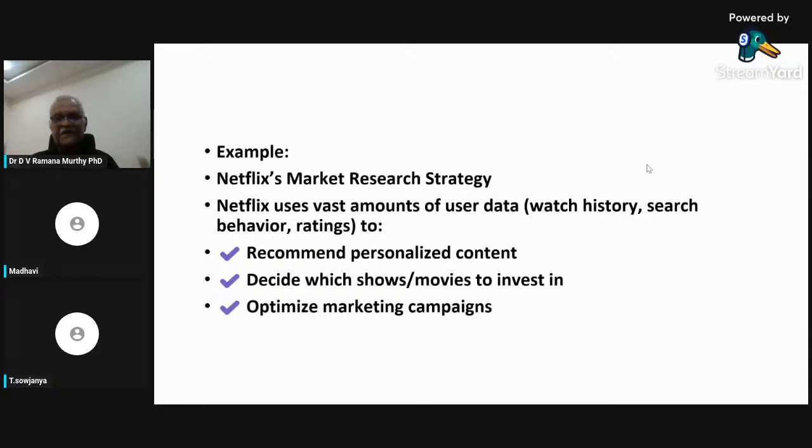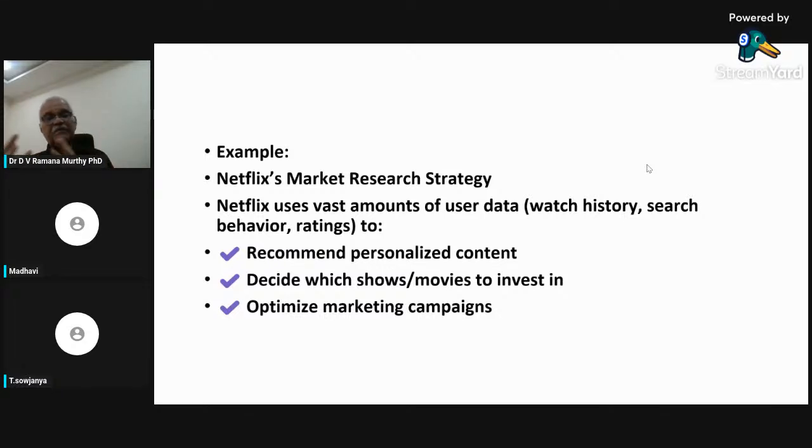So, after a complete study of watch history, search behavior, and how they rate when compared to other platforms, for example, you have Amazon, you have Netflix, and all the different OTT platforms, right? Aha Television, you have for Telugu movies, and so how do they rate? How do customers experience viewing movies or shows on these OTT platforms?